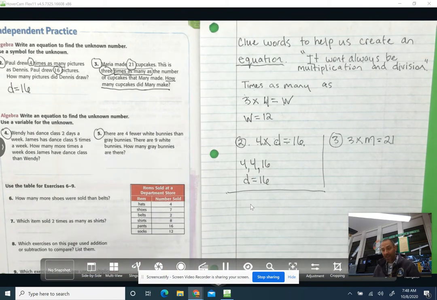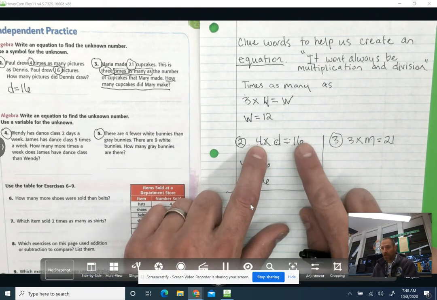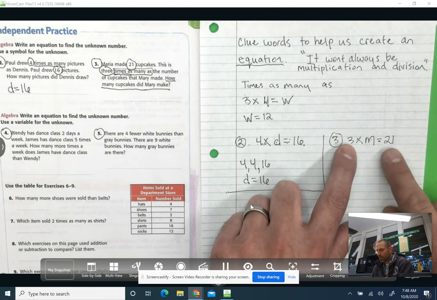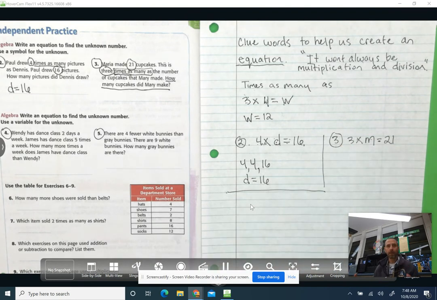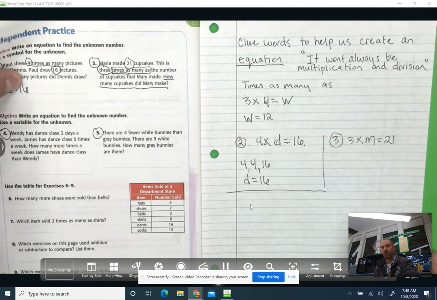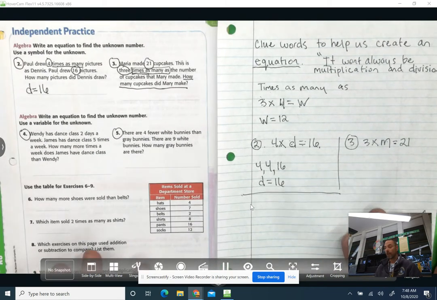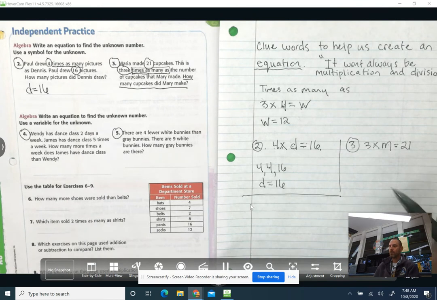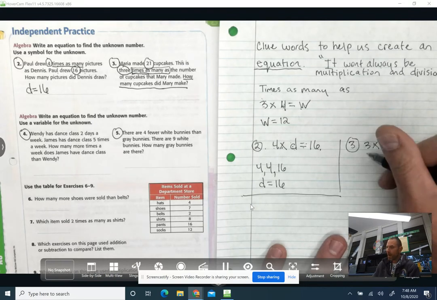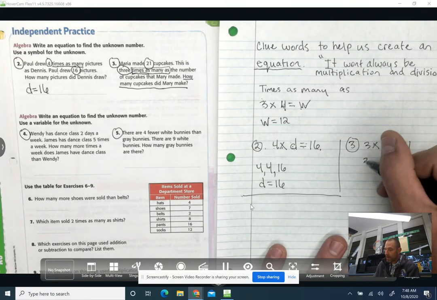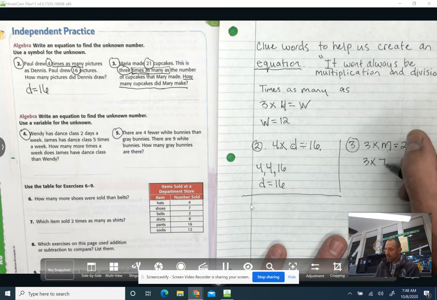Here again, just like 4 and 16, I know that 3 and 21 are part of a fact family. I know that from reflex math. I know that from looking at my multiplication table. I know that from 3rd grade and making arrays that may have included the fact family of 3 and 21. What is the missing member of our fact family? 3 times 7 equals 21.